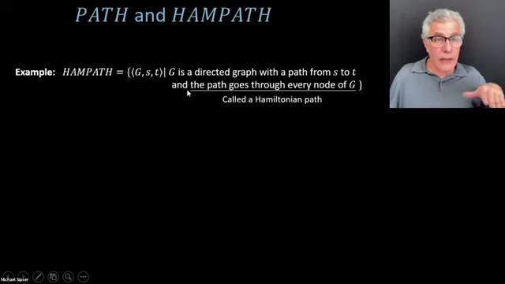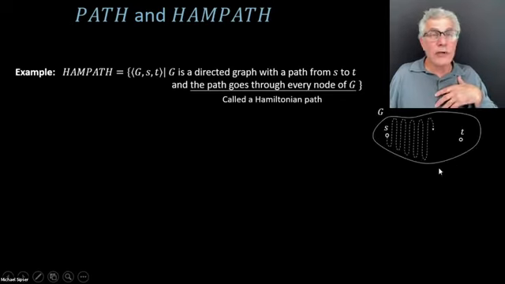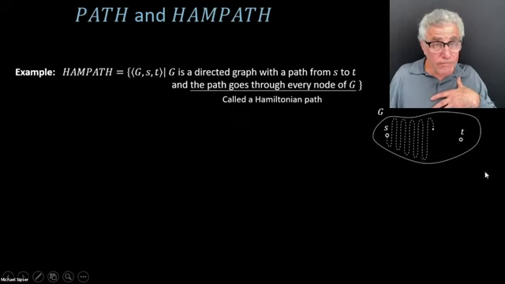A path of that kind that hits every node of the graph is called a Hamiltonian path, because the mathematician Hamilton studied those and made some definitions about that. I don't actually know the history there, but I just know they're called Hamiltonian paths. So here's a picture. I want to get from S to T, but I want to pick up everything else along the way.